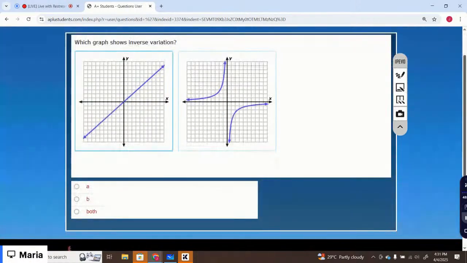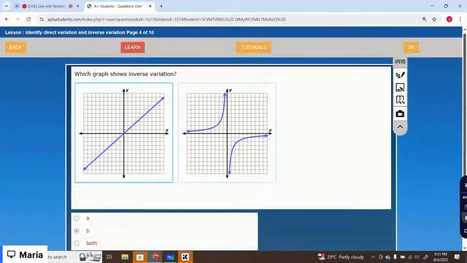Which graph shows inverse variation? B is the correct option, right? B shows the inverse variation.